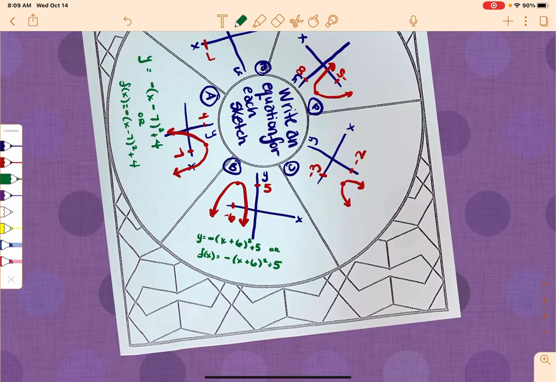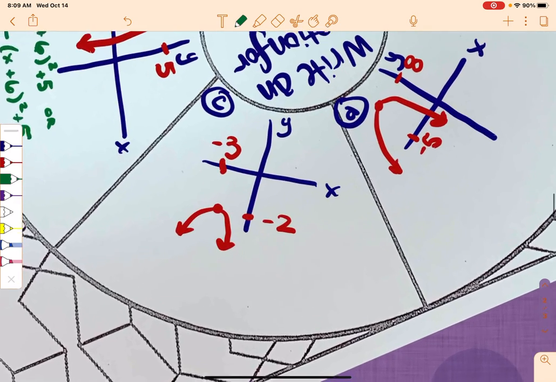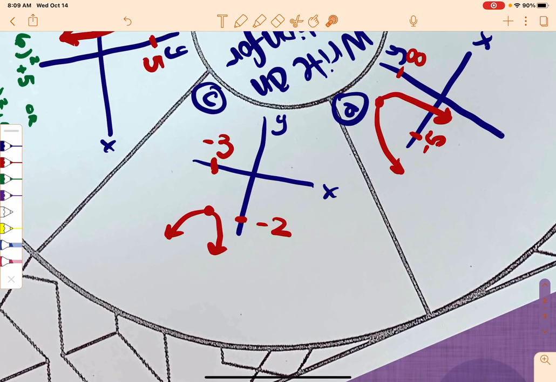Okay, here's my next one. Now again, I can see two shifts, down 2 and to the left 3. So the one that's on the y-axis is always easier. So that negative 2 is going to become minus 2 in the end. Set up my parentheses, x inside.